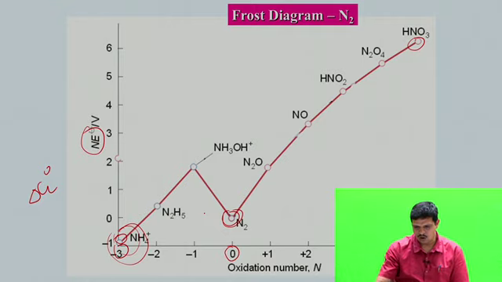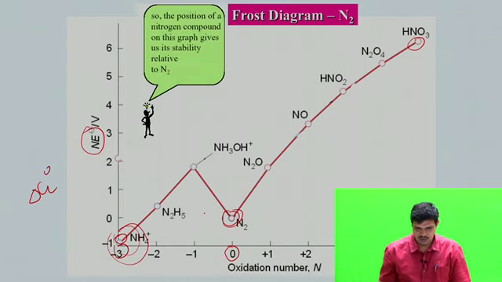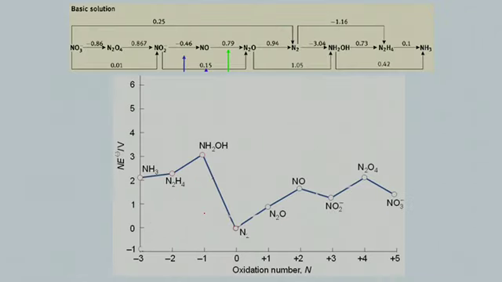So you will get a lot of information. Also, this is the same thing but in a basic solution, and again you can calculate it very easily. This is the first diagram, so you calculate with respect to nitrogen.